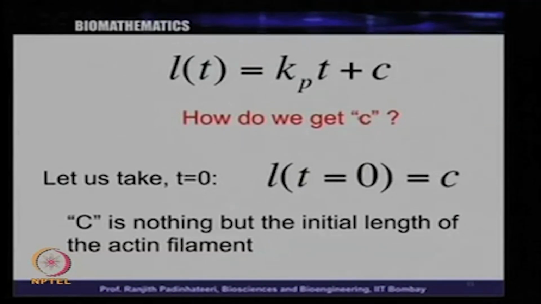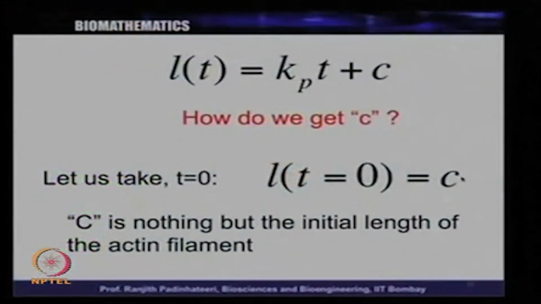So, it turns out that c is nothing but the length at t equal to 0, or you can say the initial length. When we start the experiment, or when we start the discussion, what was the length? If you imagine you are doing an experiment, you have an actin polymer with some length to begin with, you add things and let it start polymerizing.